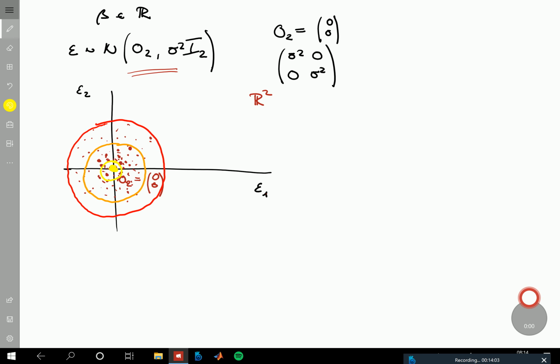If you look at covariance matrix parameters that have positive values on the off-diagonal elements, you get ellipses, which are oriented either like a linear correlation, or like a positive correlation, or like a negative correlation.